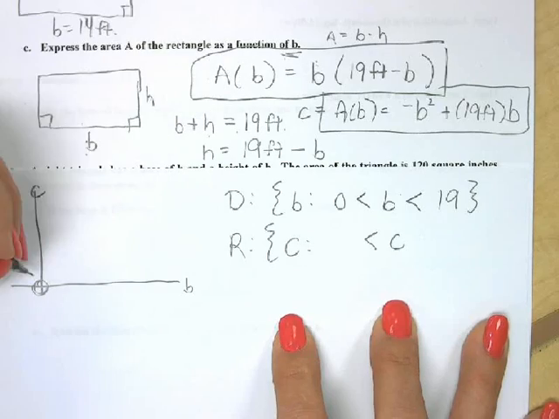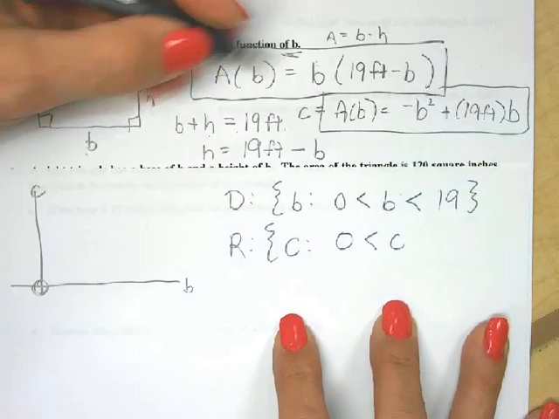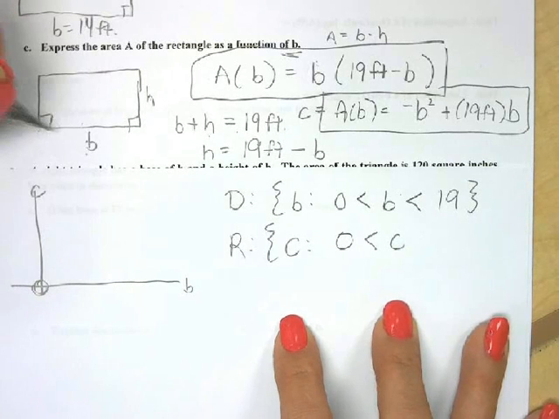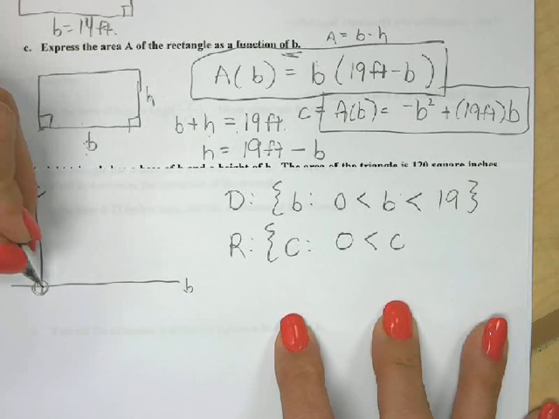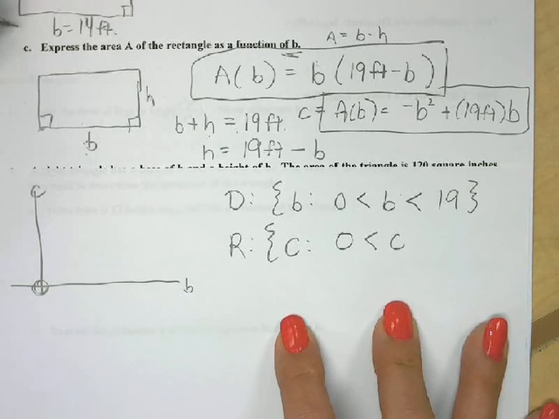I know I can't have an area of 0, but I can get really close to an area of 0. If I let this b value be very, very close to 0, I can have this be a very small distance here, and it will be very, very tall, so that the sum of the two will add up to 19. And if I multiply a very, very small number times a very large number, I'll still get very, very close to 0.